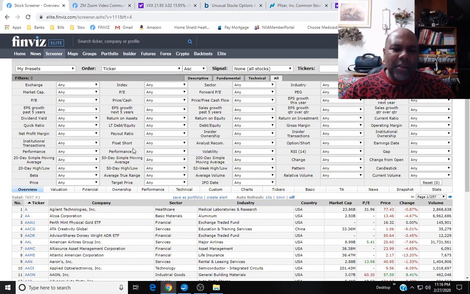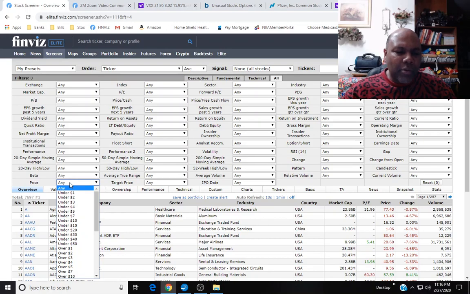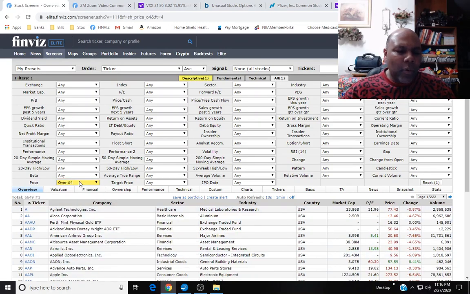We're going to show you how to set up a screener that you can use for tomorrow to find stocks to trade. First thing you want to do is come down to the drop down arrow next to where it says price. Change that setting to over $4.